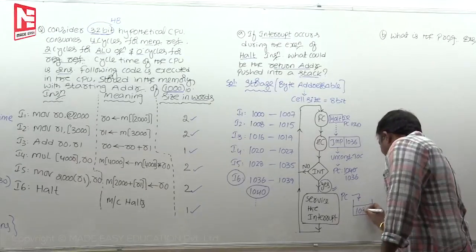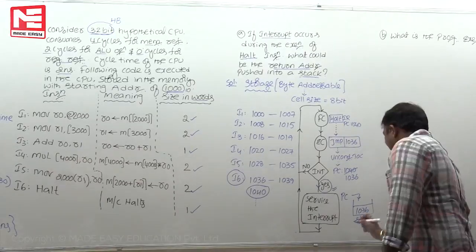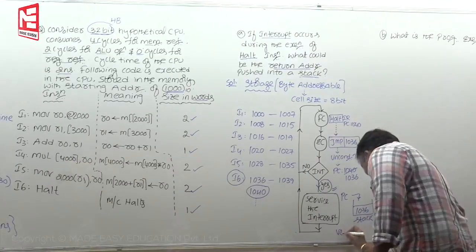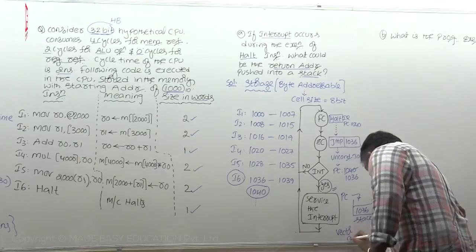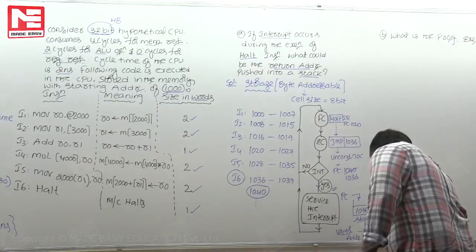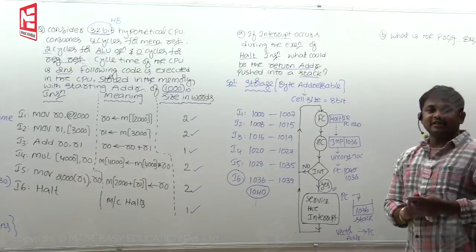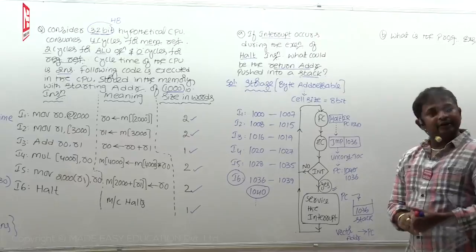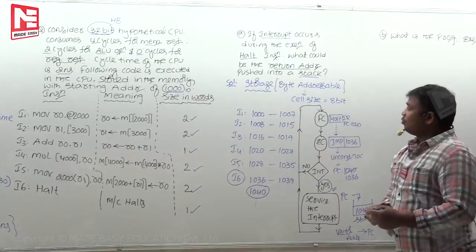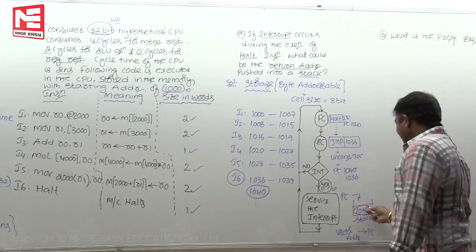What is the PC value? 1036 is pushed into the stack. Later, the vector address is loaded into the PC. This is the interrupt subprogram initialization we discussed in the previous concept. Now the question is, what will be the return address pushed into the stack? The answer is 1036.